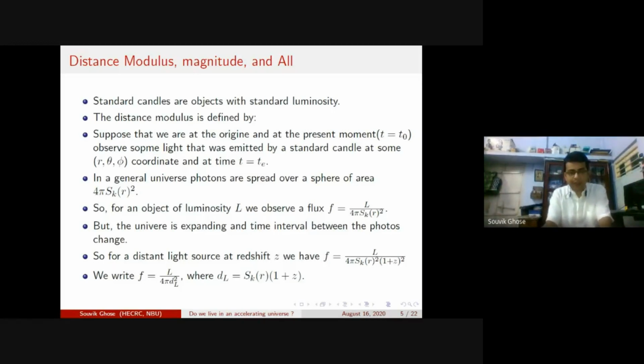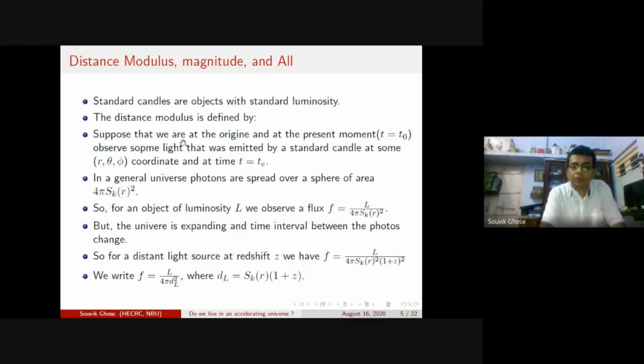In general, the light will be spread over a sphere of area 4 pi S_k(r) squared. Again, why not 4 pi r squared? 4 pi r squared is the standard formula for the surface of a sphere in Euclidean space. That is a flat space with no curvature. But if the universe has some curvature, then we have to use some general formula. You can check from the form of S_k that without any curvature, it reduces to the standard formula.